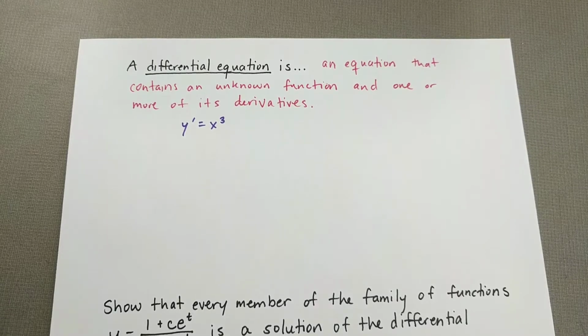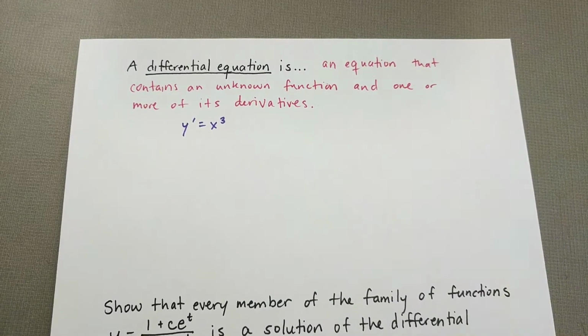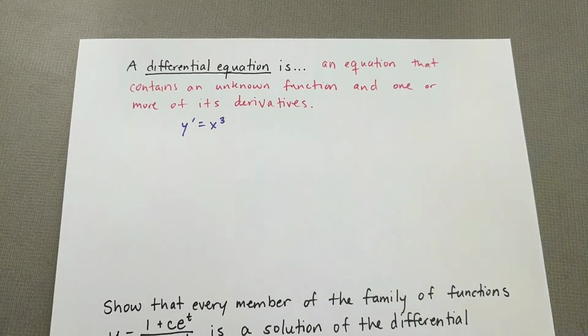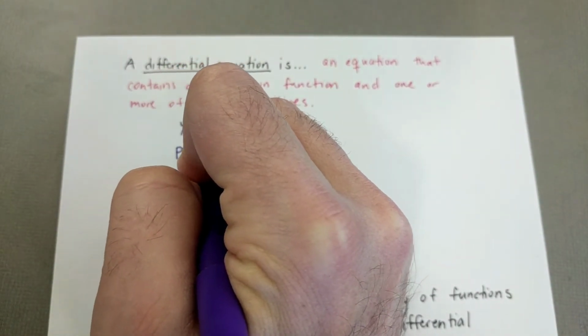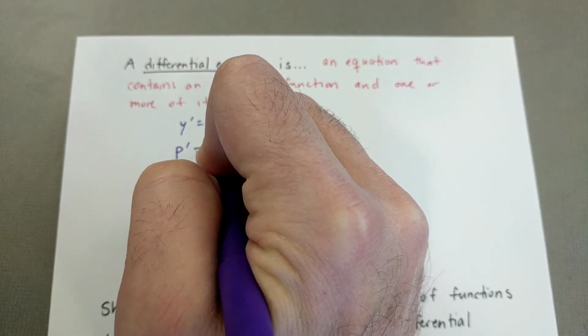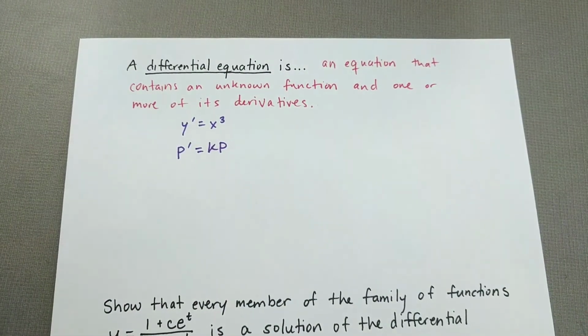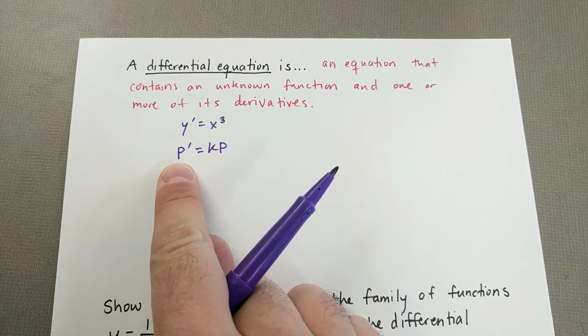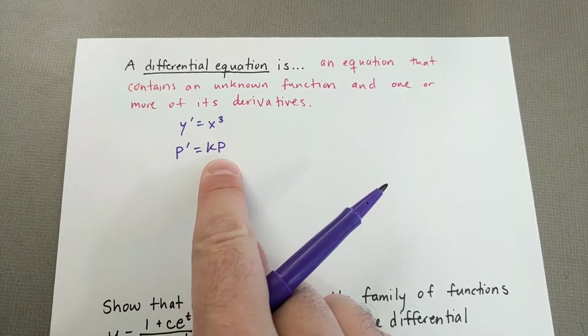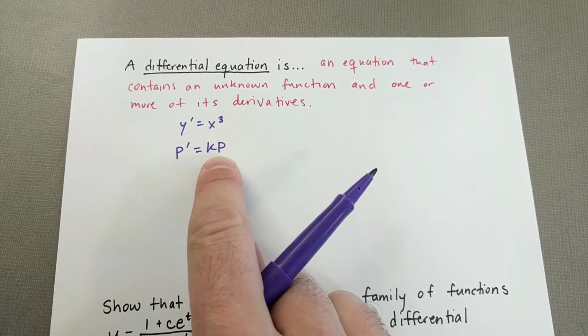What we're going to get into, though, are examples that are a little fancier and trickier. You've actually seen them; they've popped up on tests before. Things like p prime equals k times p, where k is a constant. In this case, the derivative of p is defined exactly with p, not another variable.